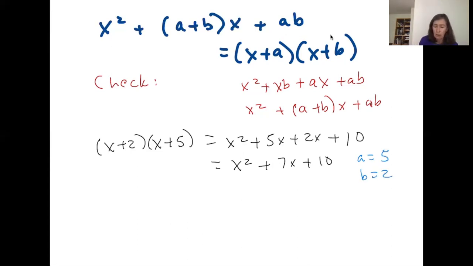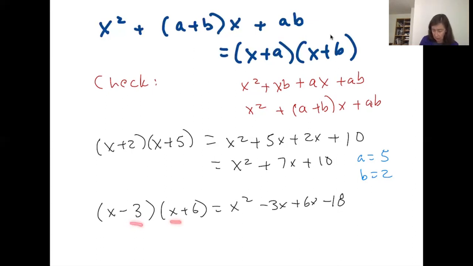Okay, let's do another example like that, just to get familiar with it. This one, let's have a negative sign. Let's have it be (x − 3)(x + 6). Again, we're just going to multiply it out. x² − 3x + 6x − 18. I'm being careful with my negative signs here. So when I multiply the negative 3 times x, I get a negative 3x, and when I multiply the negative 3 times the 6, I get a negative 18.